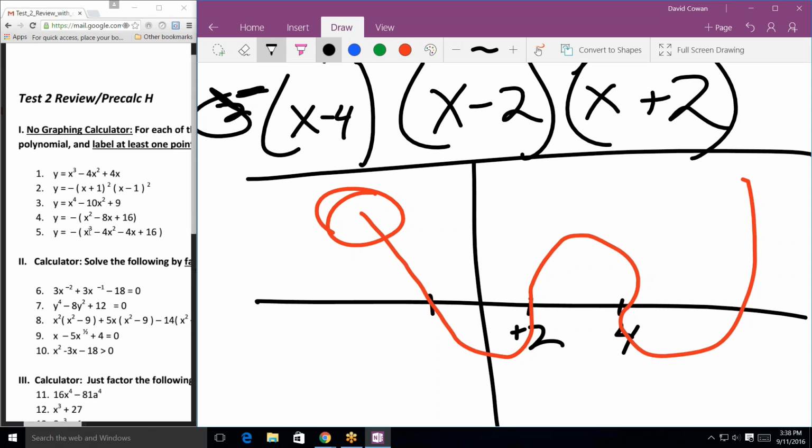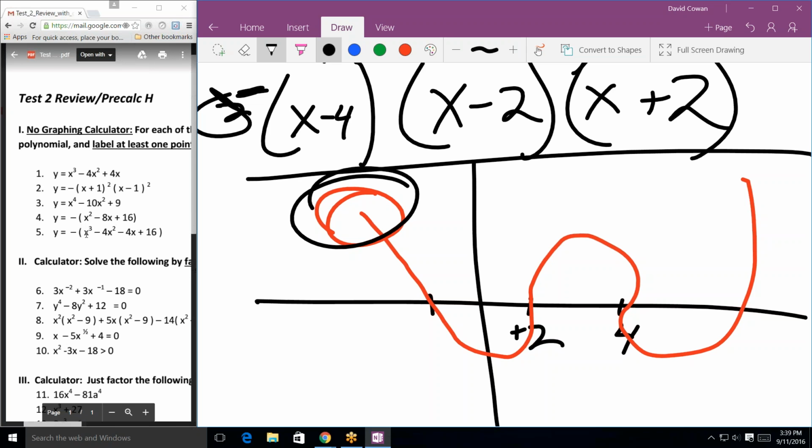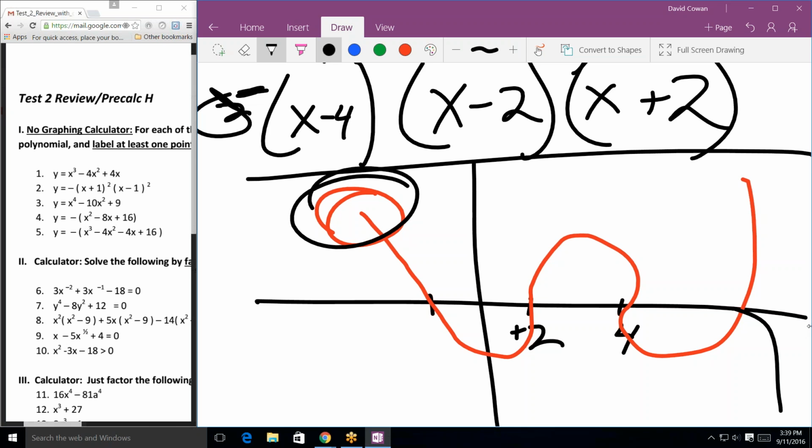Well, x cubed is negative infinity, but when I put a negative sign in front of it, it becomes positive infinity. And same thing when I put positive infinity there. It's positive infinity with a negative sign in front of it. So it's got to go down like that.